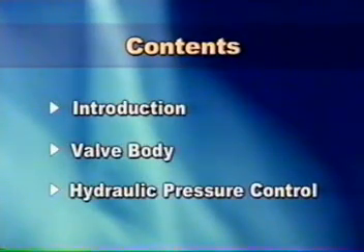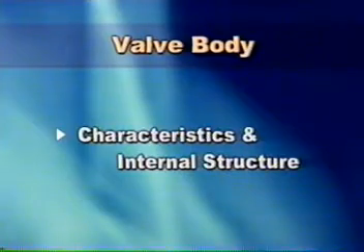Secondly, let us explain about the valve body. In this chapter, let us deal with the characteristics and internal structure of valve body, which is core part of hydraulic control.